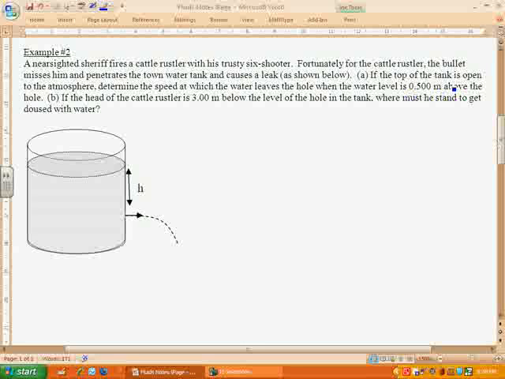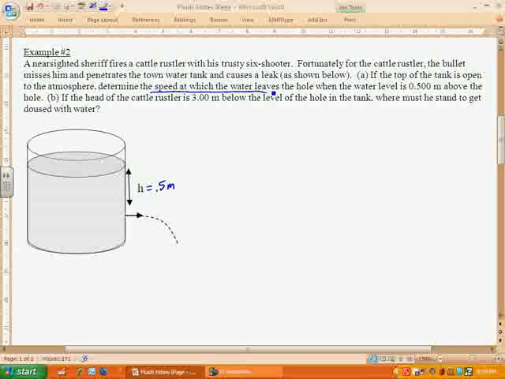All right, and then from there it's asking us to find the speed at which the water leaves. All right, so I don't know about you, but this looks like a Bernoulli's problem to me. I got pressures, I'm looking for velocities, okay? So let's go ahead and let's calculate how fast it leaves, okay?